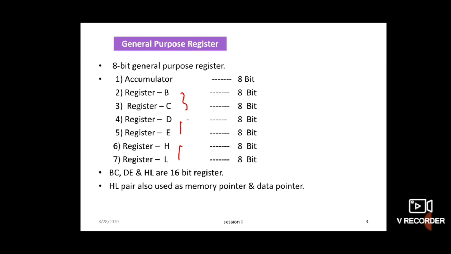We store 8-bit data in them. If a pair is used, BC, DE and HL are the register pairs in 8085.